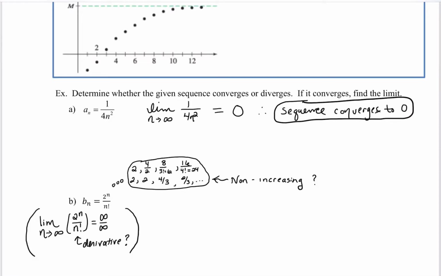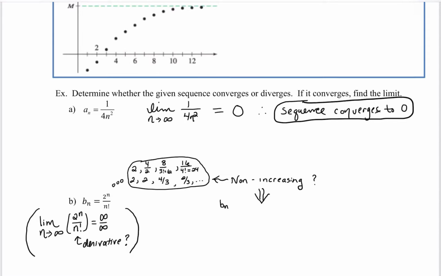So as we start to think about some of the things we had up above, we list out some terms to get a gut instinct. It feels like it's non-increasing. Let's see if we can show that. Let's take a look at the nth term.